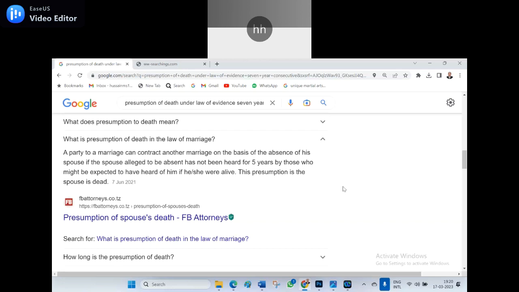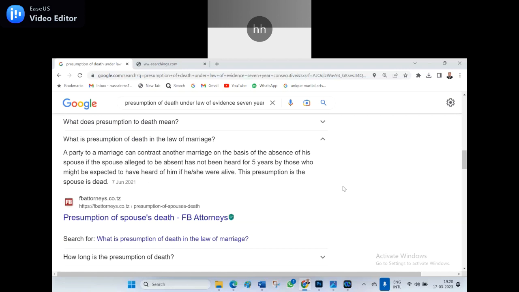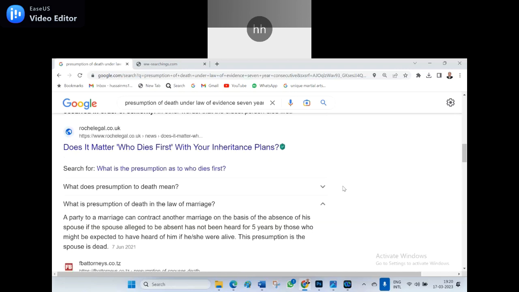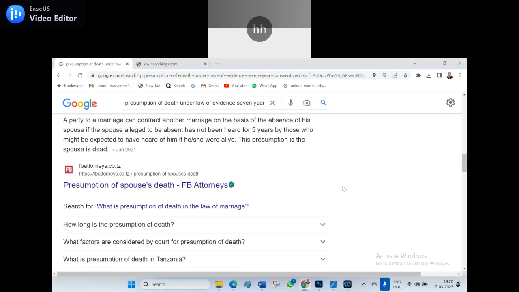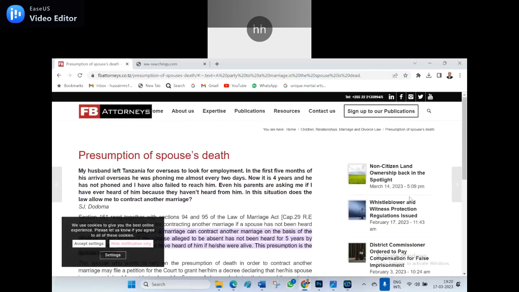Is it Indian law? Let us check whether it is Indian law. No, I think it is not. It's another country's law. Let us check. Presumption of death.